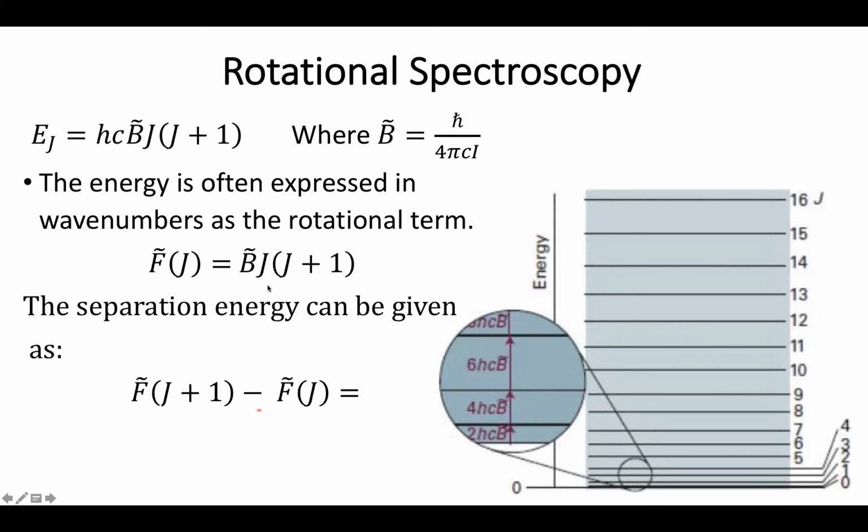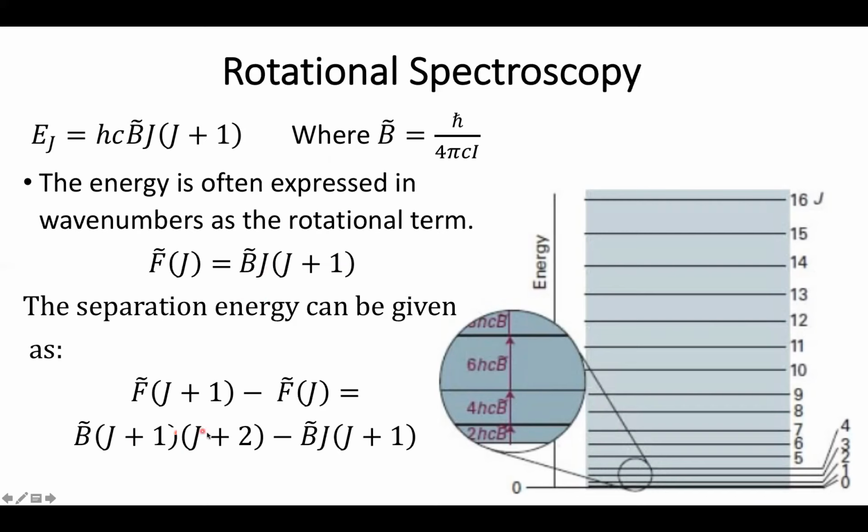So then we can put in values, a value of J for this term, and J plus 1 for this expression. Our initial state is here, and our final state is essentially the rotational constant times J plus 1 times J plus 2.